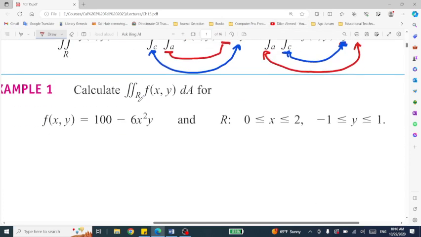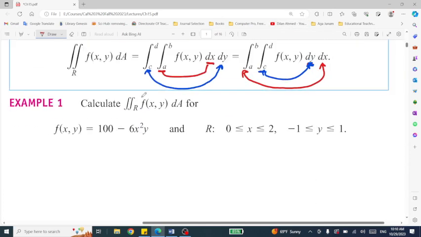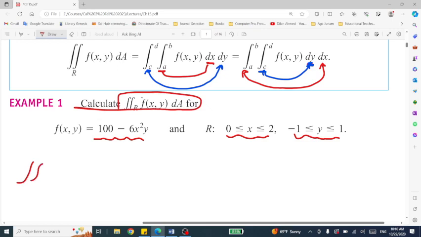No. Look at here. 15.1 is just substitution. You can see from here you have a function and you have x and y. So calculate dy by dx. We can calculate it as 100 minus 6x squared y.